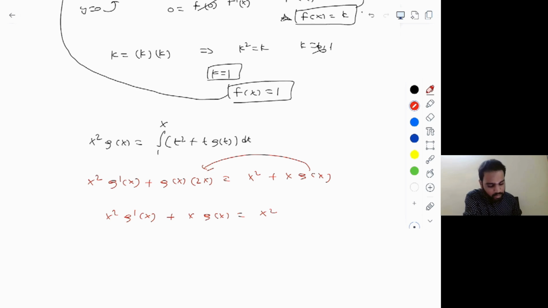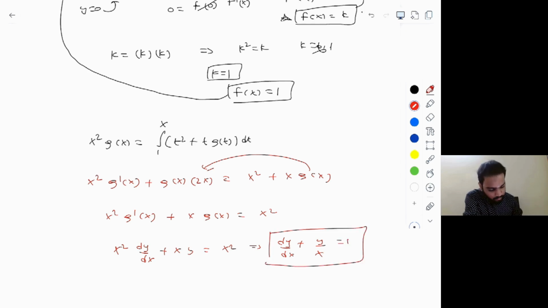Now finally it's a linear differential equation, because x square into g dash of x is nothing but dy by dx, plus x into y is equal to x square. Divide both sides by x square. What you get is dy by dx plus y by x square is equal to x square. It's a clear linear differential equation.